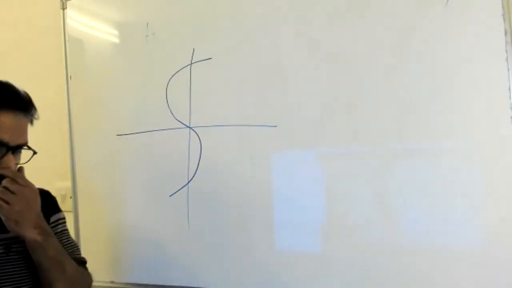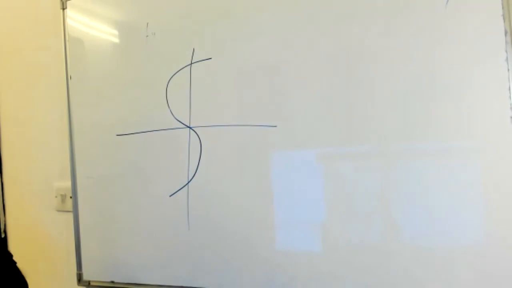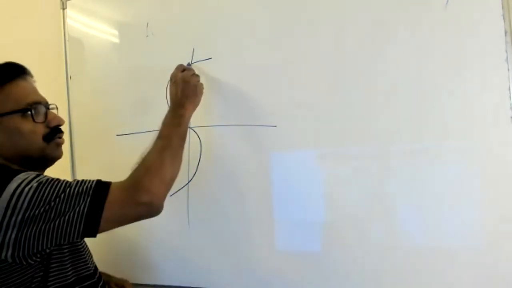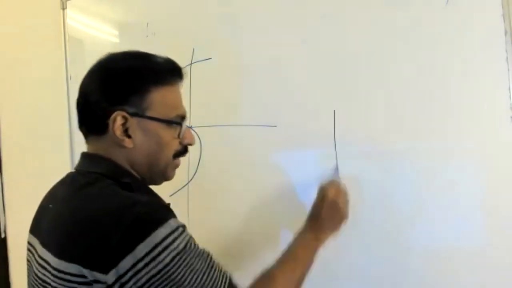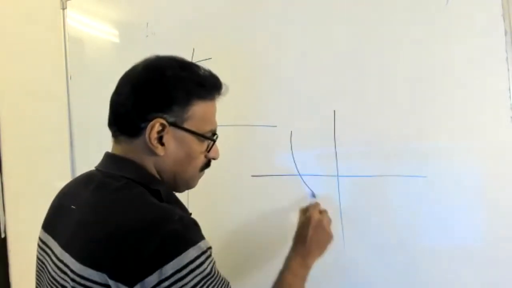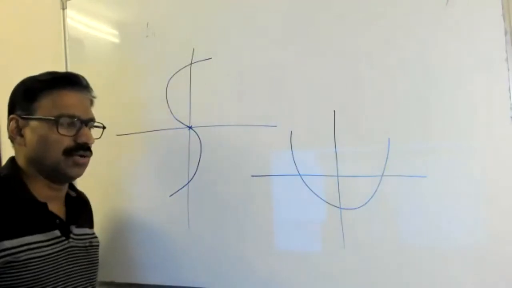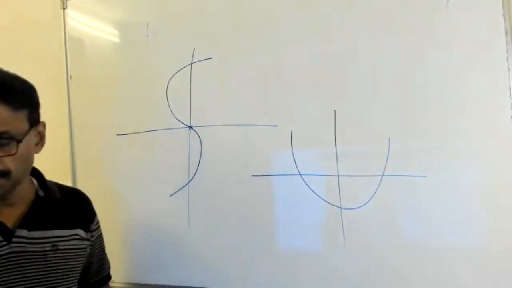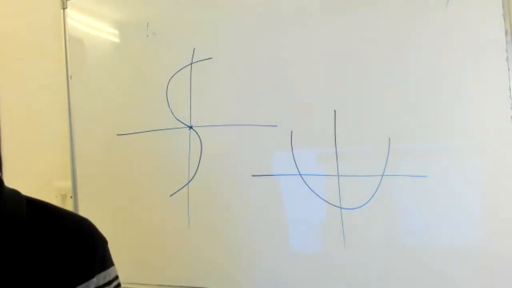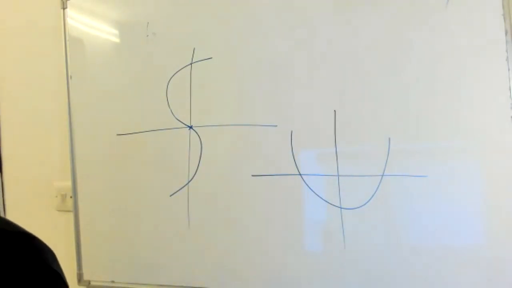How many zeros here, Vishal? Only one, because here only the x-axis is touched. Okay, next one. Here, how many zeros? Two. Okay, mark it two. You draw it and keep it in your notebook. Write in your notebook.